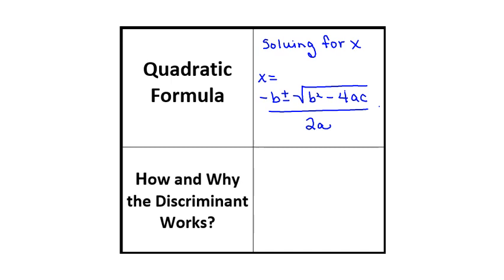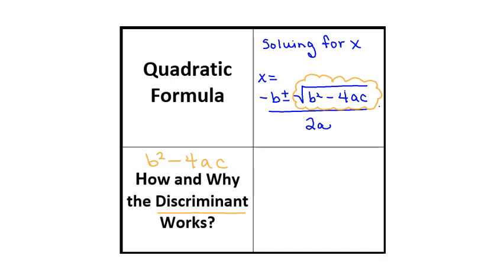When I look at this formula, it's very messy, but the hardest part seems to be this part right here. That's actually where the discriminant lives. The discriminant is b squared minus 4ac. It's not the square root, but the stuff underneath the square root.